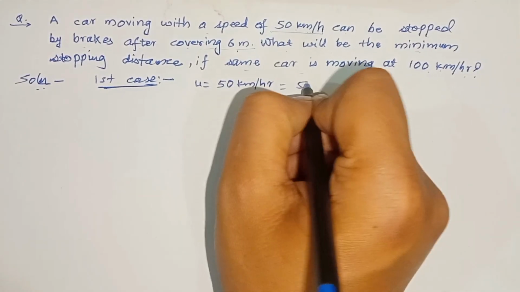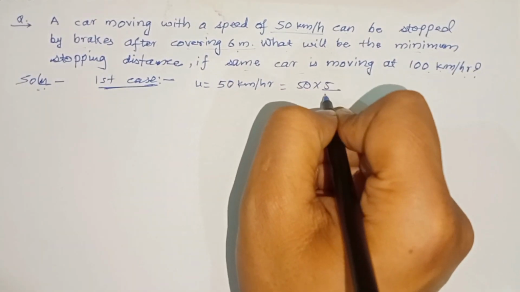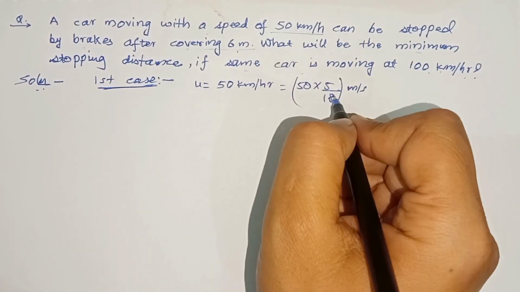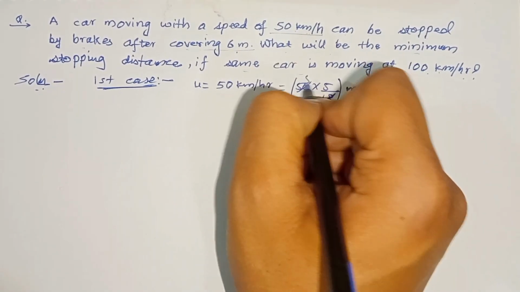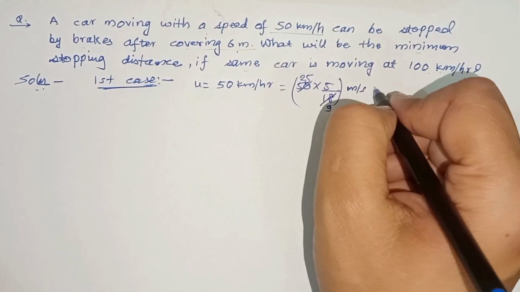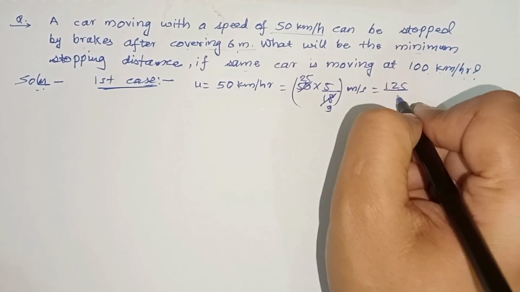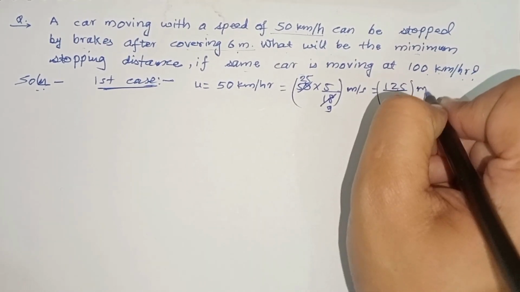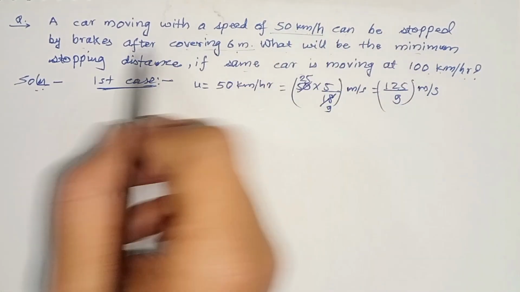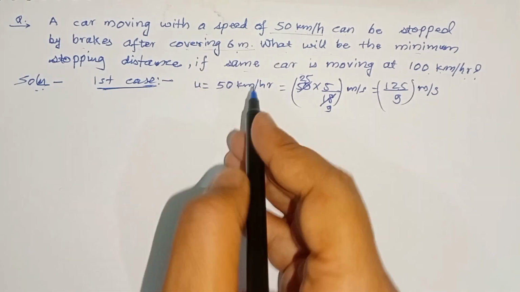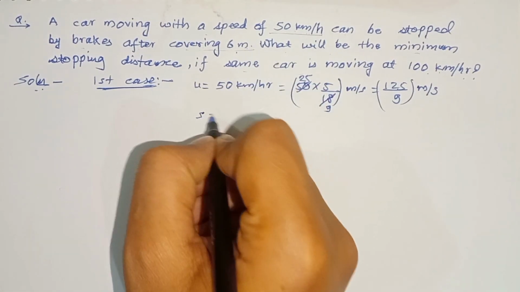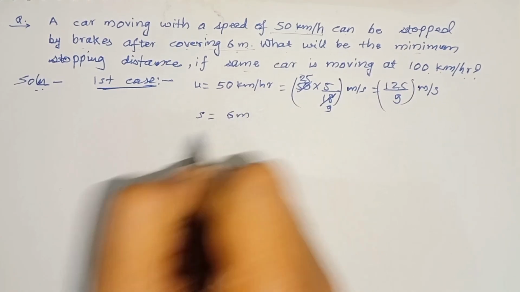Let's convert it by multiplying by 5 by 18 to meter per second. This is 125 by 9 meter per second. It can be stopped by brakes after covering 6 meters, which means the distance traveled here is 6 meters, given.